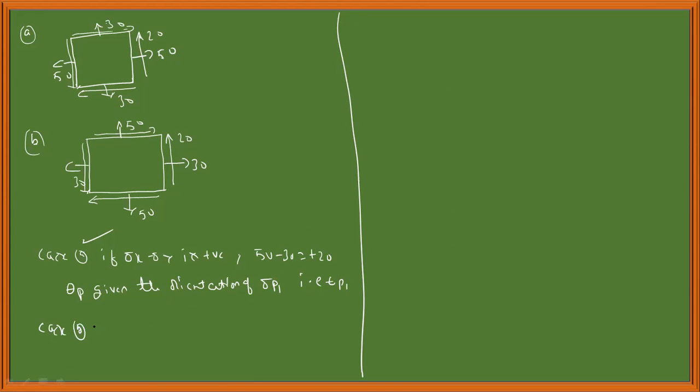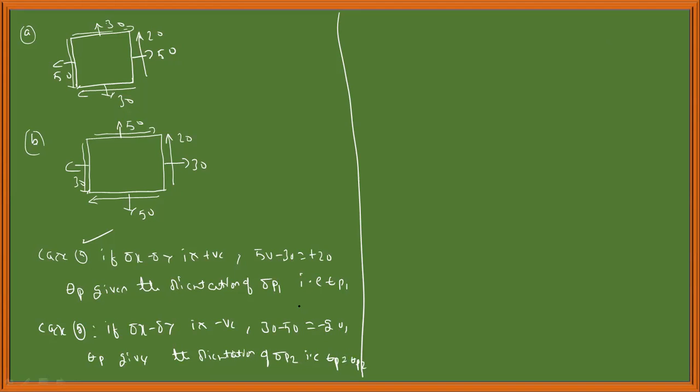Next, second case, case B. If sigma x minus sigma y is negative, in this case 30 minus 50 is equal to minus 20, then theta p gives the orientation of sigma p2, that is theta p is equal to theta p2.